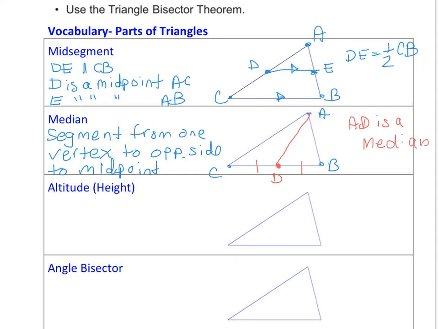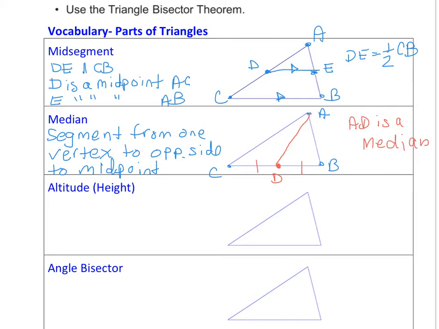And again, I hope you can anticipate that there will be 3. I can draw from vertex B across over here to this midpoint of AC. Likewise, draw a segment from C over here to the midpoint of AB. So there'll always be 3 here.